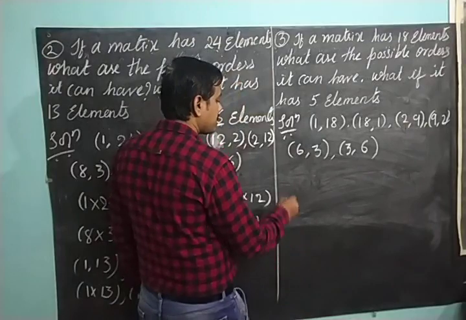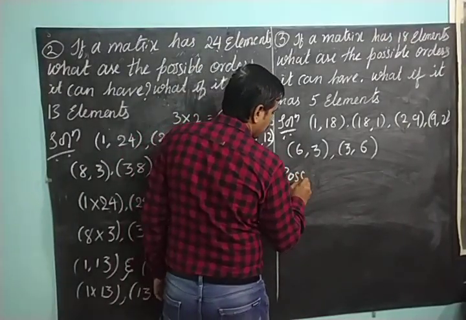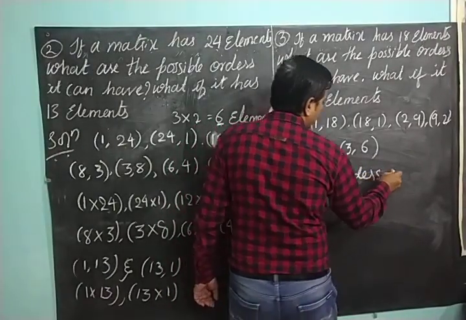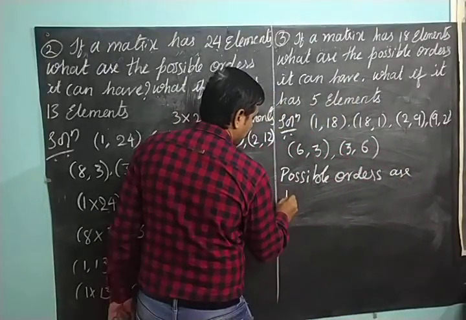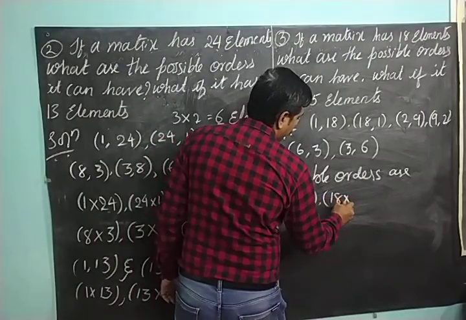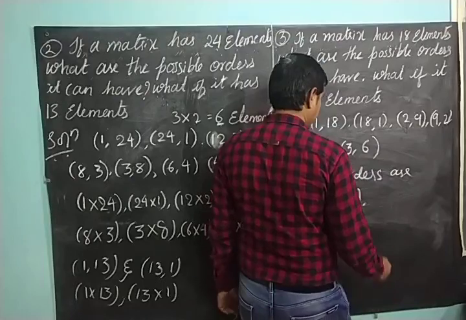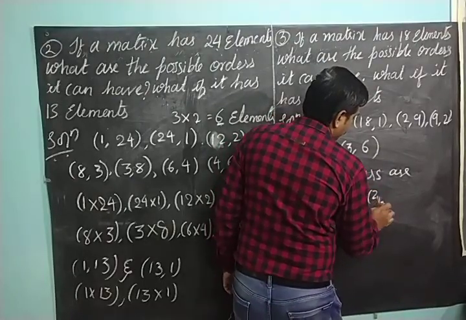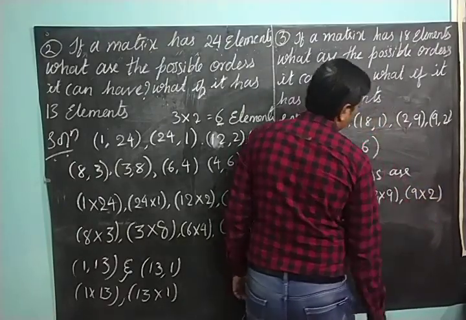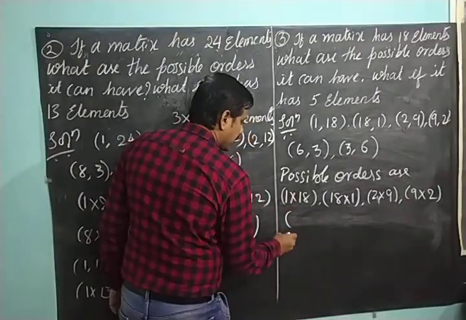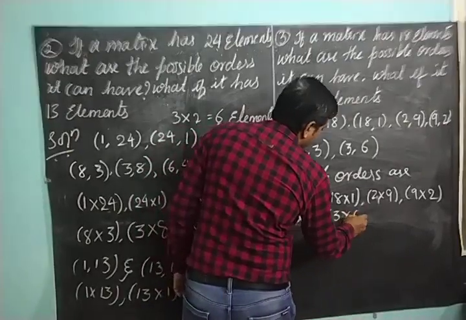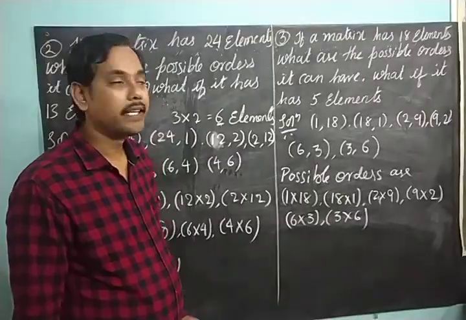So what are the possible orders? They are 1 cross 18, 18 cross 1, 2 cross 9, 9 cross 2, then 6 cross 3 and 3 cross 6.